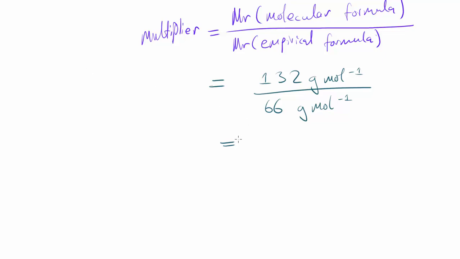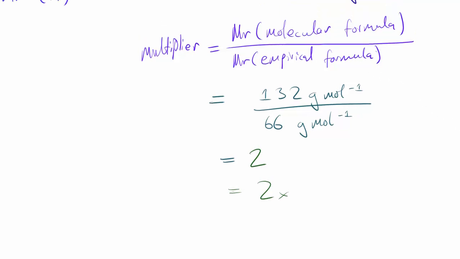And what you should find is that you get 2, right? So based on that, we can say the multiplier is effectively 2x. That's the multiplier that links the molar mass of our molecular formula with the molar mass of our empirical formula. And therefore, in the scaling up process we're about to engage in, 2x is the multiplier we rely on to scale up.